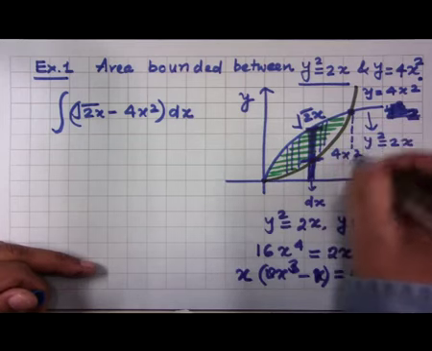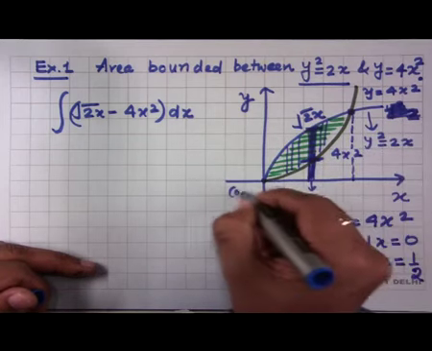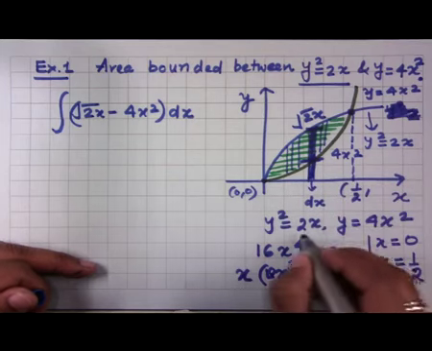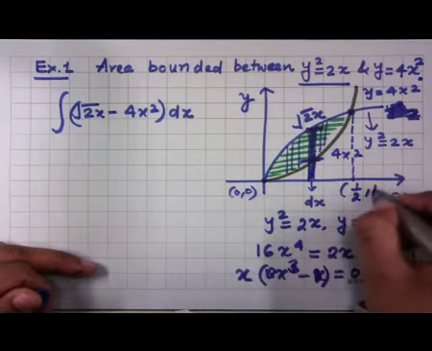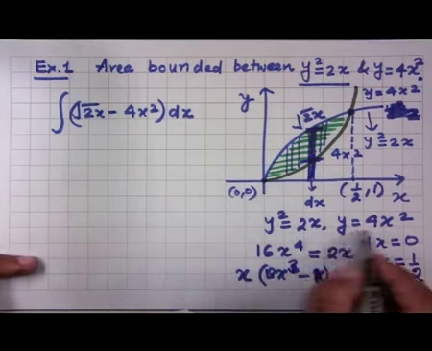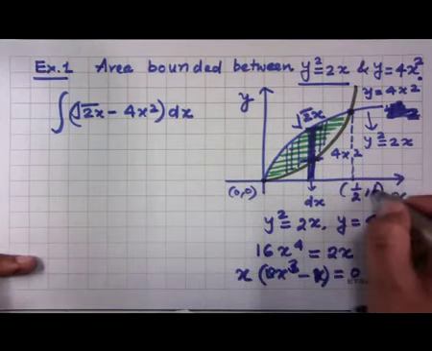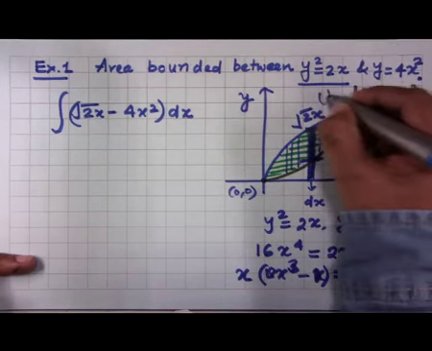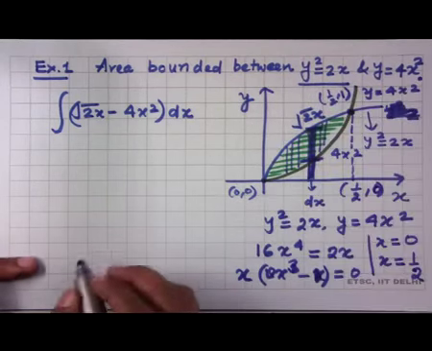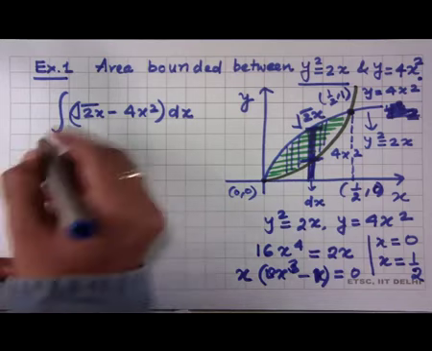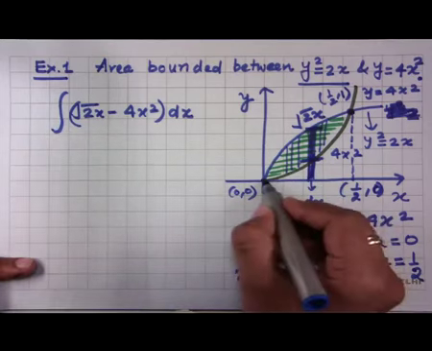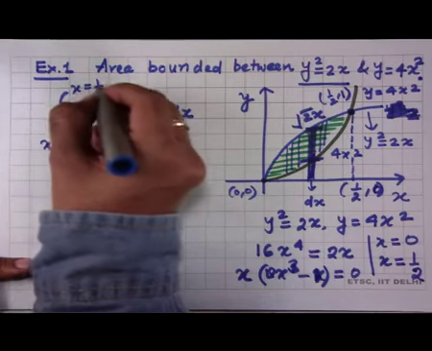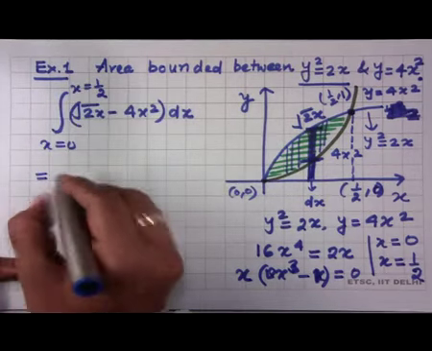One point of intersection is 0 comma 0, and for the other, if you put half here, you get 1. So the other point of intersection is half comma 1. So, the limits of integration will be from minimum to maximum, that is x equals 0 to x equals half. Now, let us integrate it.